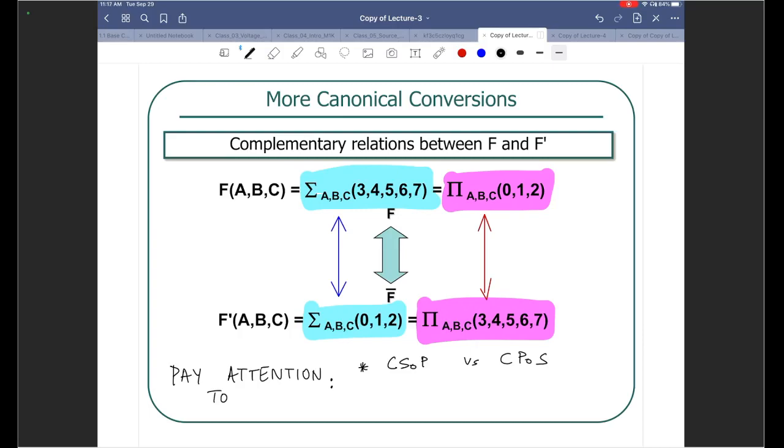The second thing I want you to pay close attention to is the order of inputs. When you're going for a shorthand form, explicitly mentioning the order of inputs becomes very important.